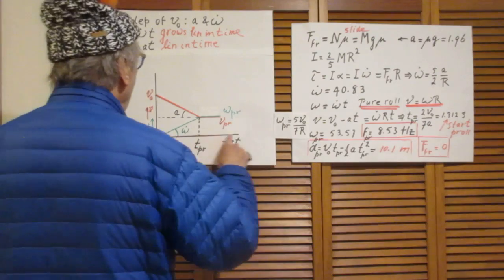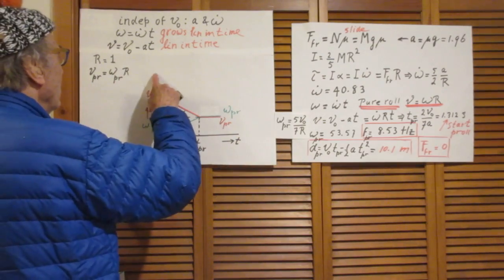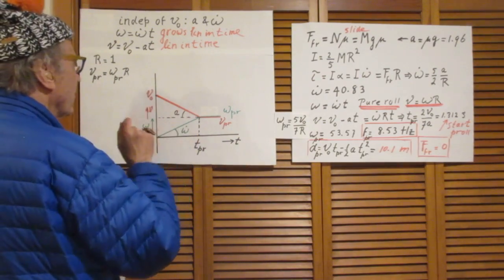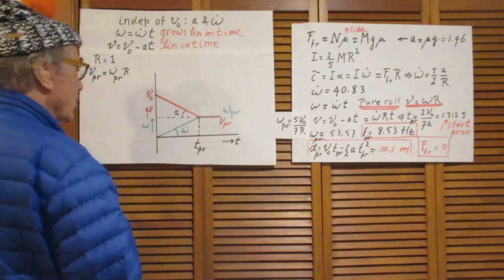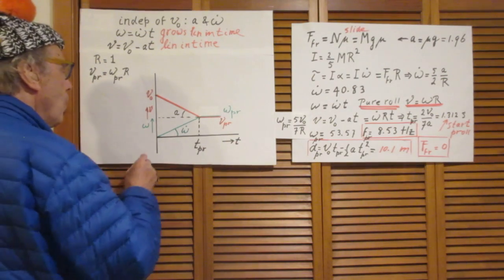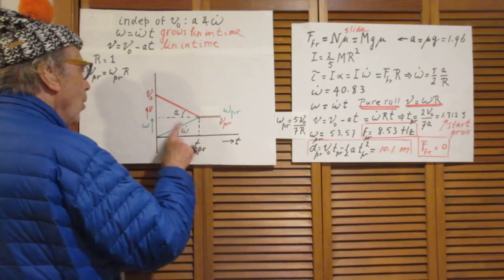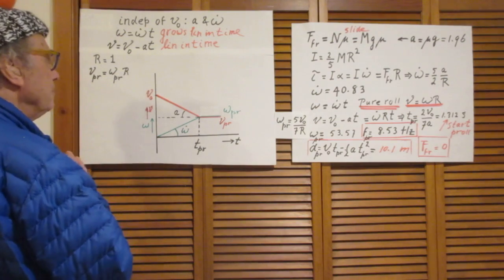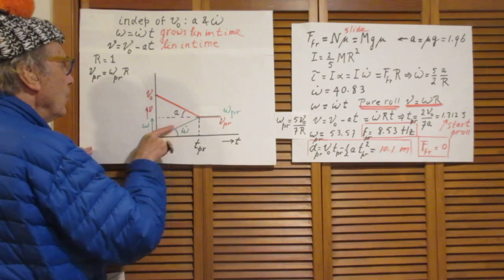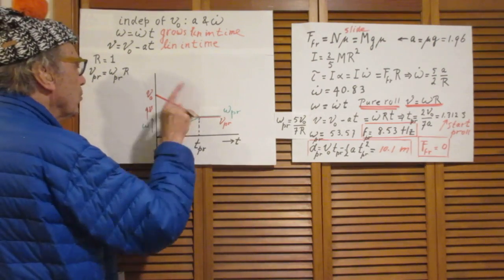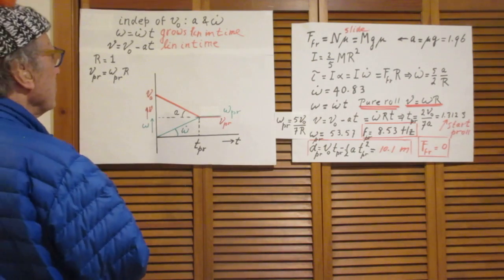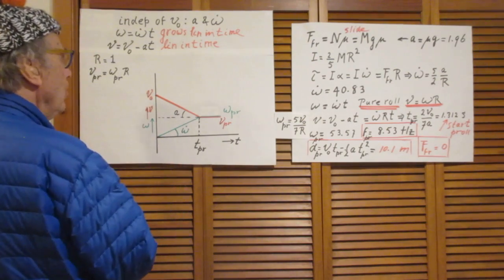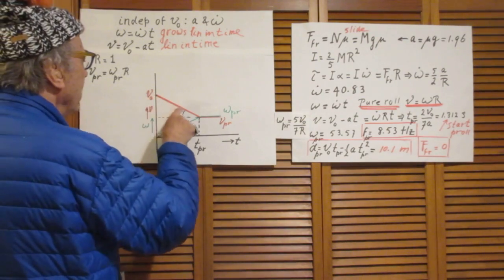I just now assume r is 1. So I plot now V as a function of time, which is the red line, and omega as a function of time. Omega starts with 0. Omega dot is the derivative. That's this angle. And so it will linearly grow. V starts here at V0. It's a straight line.